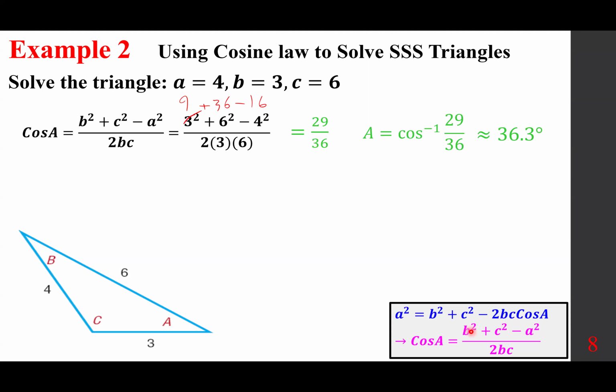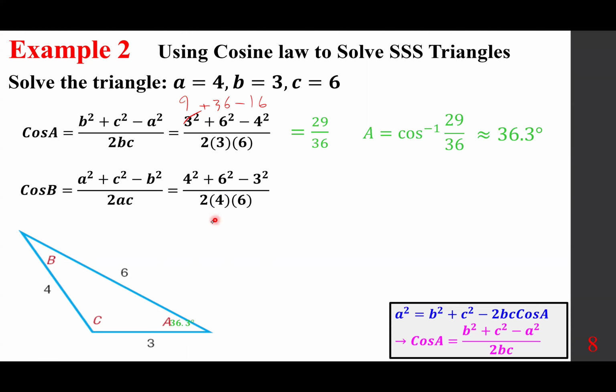What about the bottom? 2bc becomes 2ac because I want cosine of b. So I want to change this to b, okay. So we interchange these two, and this becomes a. So this is 36.3 degrees. This becomes A, and we are going to plug in.